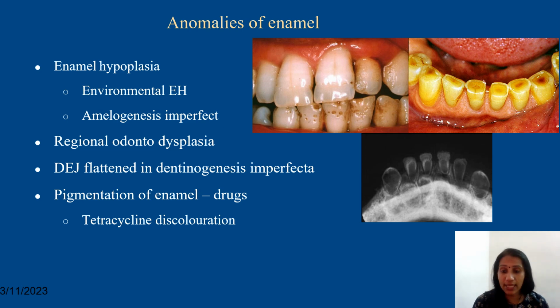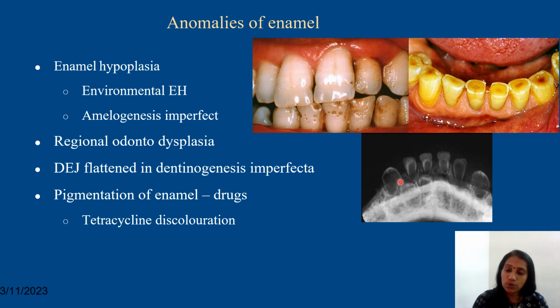So other things which you can see is during the development, you can have changes occurring within the enamel. If there is less amount of matrix, then you have a disease called enamel hypoplasia. If it is because of environmental change, you have environmental enamel hypoplasia. If it is hereditary, that is your X chromosome amelogenins, if there is a defect in that, it leads to amelogenesis imperfecta. So it can be environmental or it can be related to genetic changes.